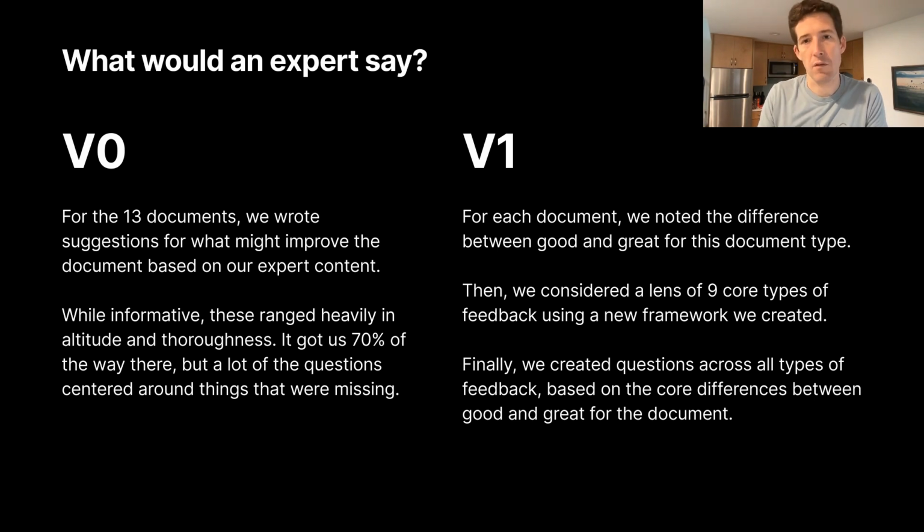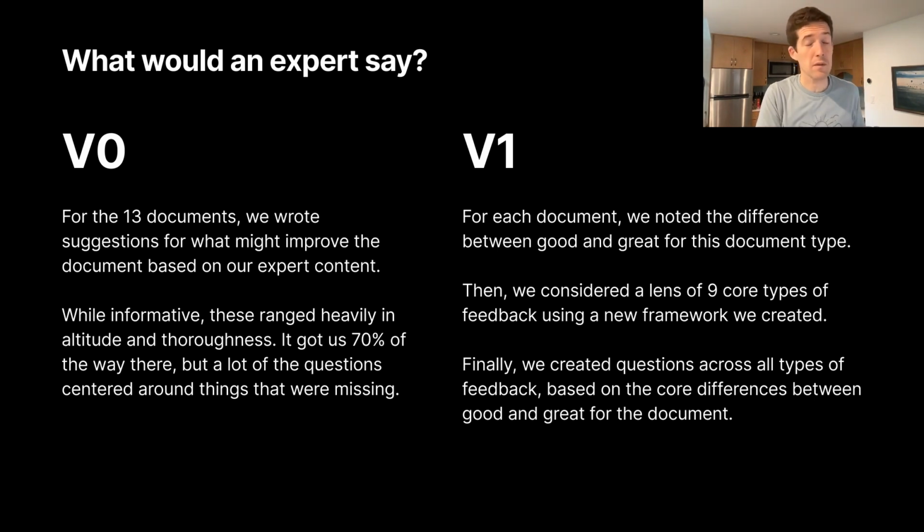But for this next iteration, we really brought some strategic thinking to it of what are the 9 different types of feedback using a framework that we created for this. And then how do we think through what are the right questions given that framework for all the different types of documents? And also, how do we think through what separates good and great feedback and questions for each type of document?